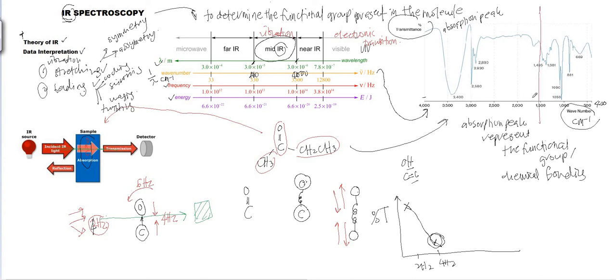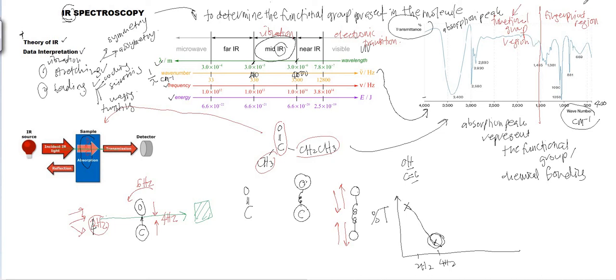Okay, more than 1,500, here we call it as a functional group region, okay, and then less than 1,500, here we call it as a fingerprint region. So what does it mean? So basically the functional group region ni, this is the region that help us to identify our molecule, our sample, for example. Okay, so selalunya we are more focused toward the functional group region.